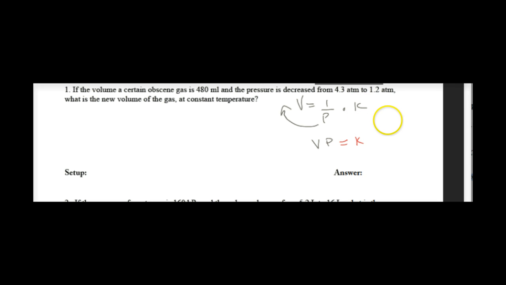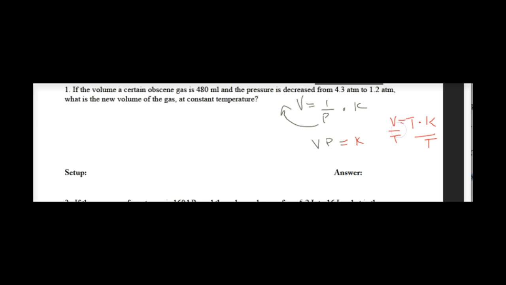And then there's another law that we talk about, and that is one that involves volume equaling the temperature times the constant. So mathematically, to remove the temperature, you've got to divide by the temperature, and you divide by the temperature over here.